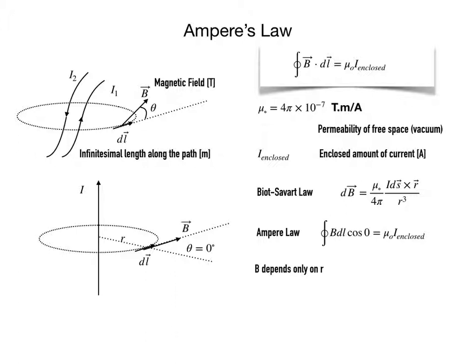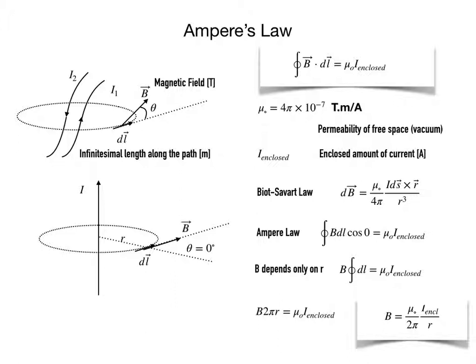So I don't need to worry about that magnetic field inside the integral. I can take it out, and the integral simplifies simply to an integral along dl as I circle once along my path. That integral, of course, is going to have a value of 2 pi r, and so here we arrived at our familiar expression for the magnetic field of a wire at a distance r from it.